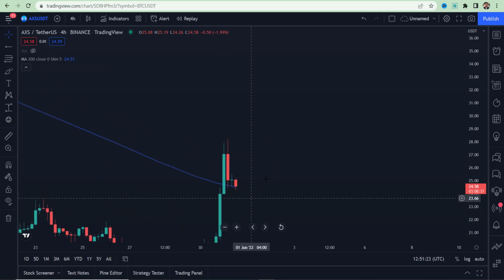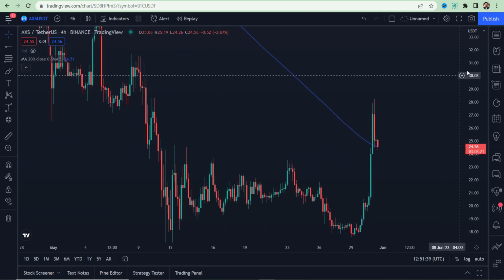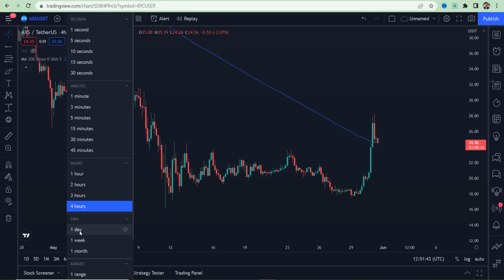Currently it is taking some good support on this line. I hope that it does not fall below that. If it goes below, that would be a trap, or a stop loss hunt, which would not be good. So let's check it in bigger time frames as well.